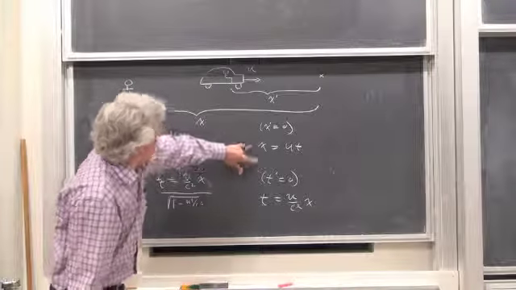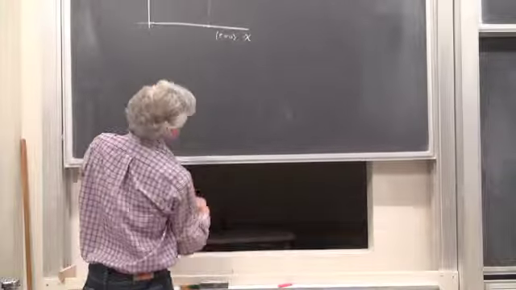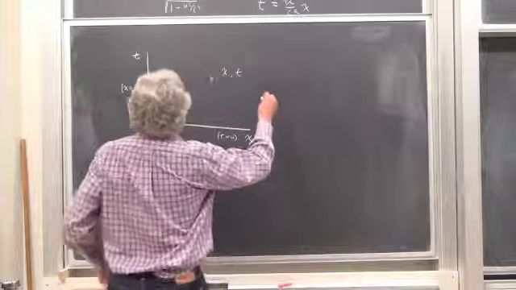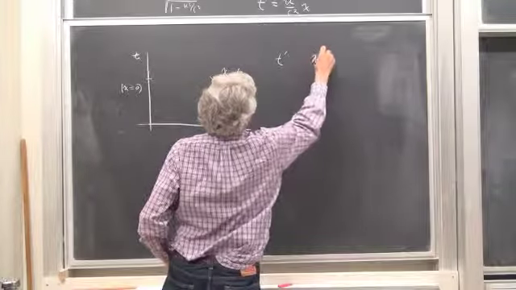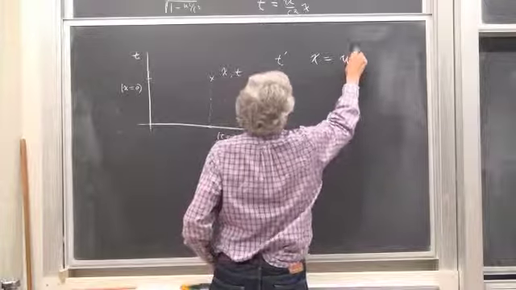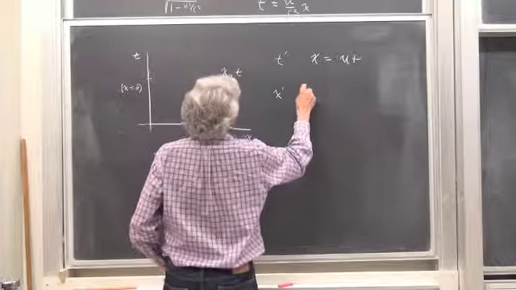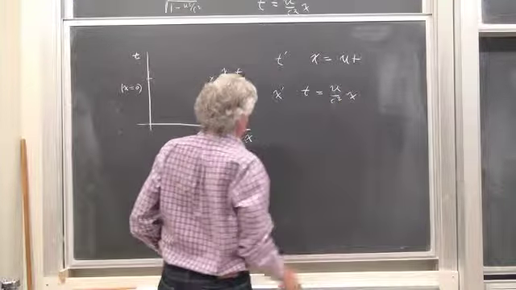Let's put those in on our graph above. The t prime axis was given by x is equal to ut, and the x prime axis was given by t equals u over c squared times x.